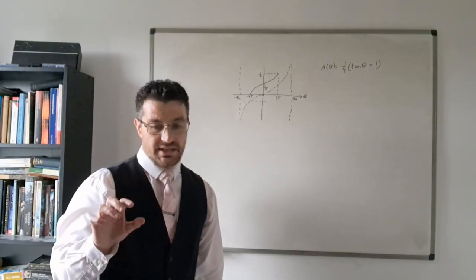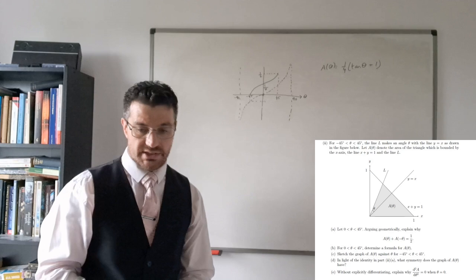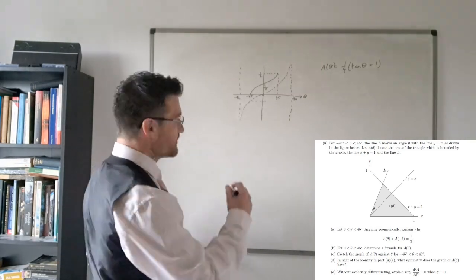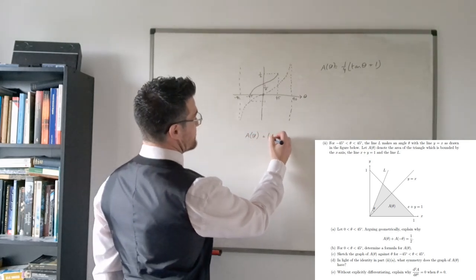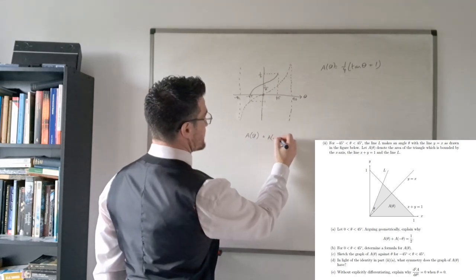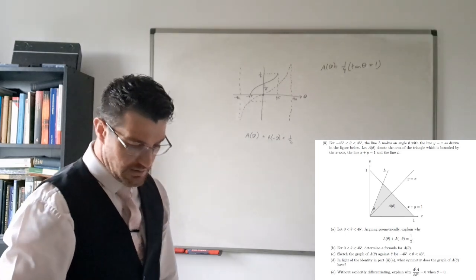So part D, in light of the identity in part 2a, what symmetry does the graph of a of theta have? Okay, so the identity that we proved was that a of theta plus a of minus theta is equal to a half.